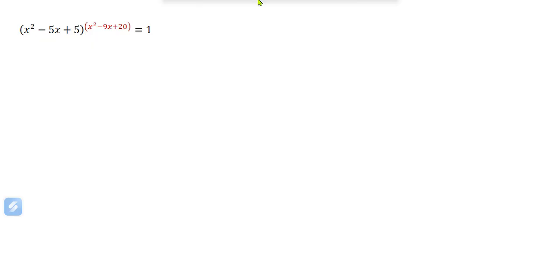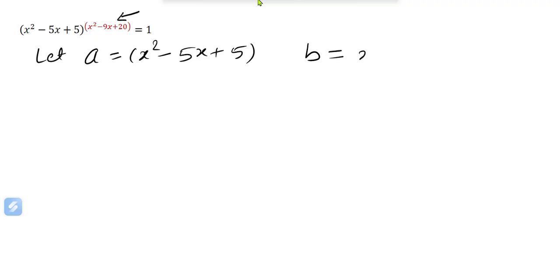Now let's say this is a, which is x squared minus 5x plus 5, and this exponent is b, x squared minus 9x plus 20.